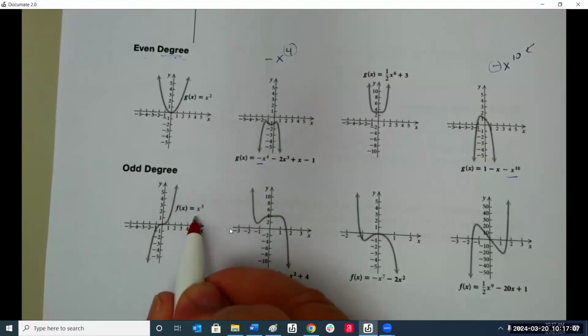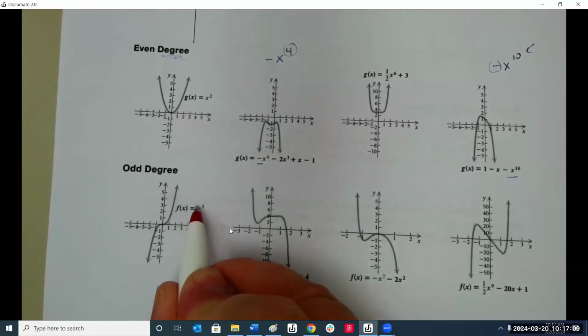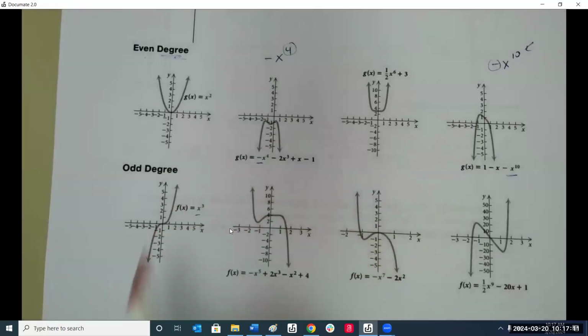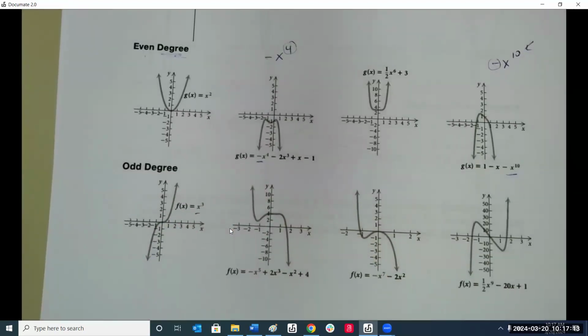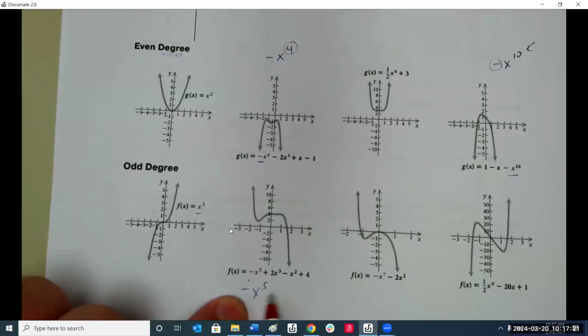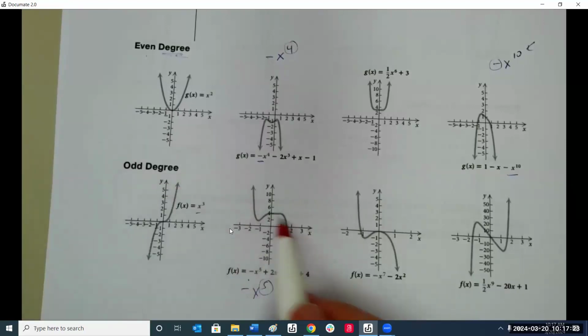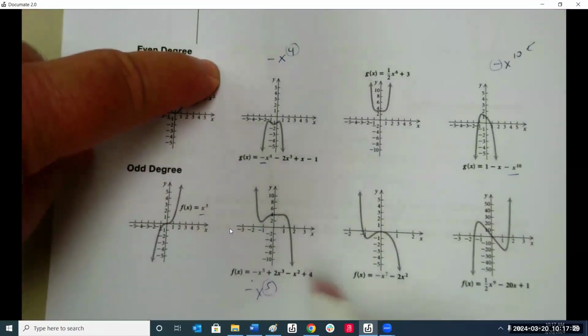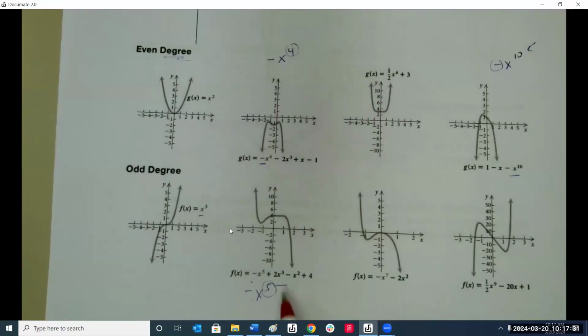For odd degrees, if A is positive, then the right-hand side goes up, left side goes down. It's an increasing function. If A is negative, like this negative x to the fifth, opposite directions, but the right hand goes down. If the right hand goes down, the left side goes up because the degree is odd.